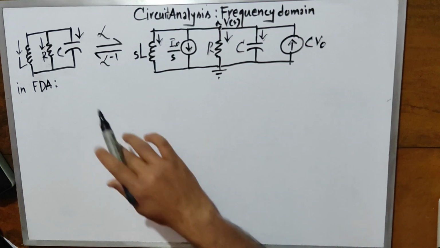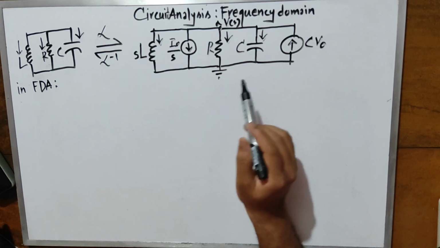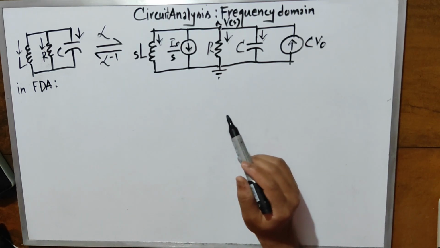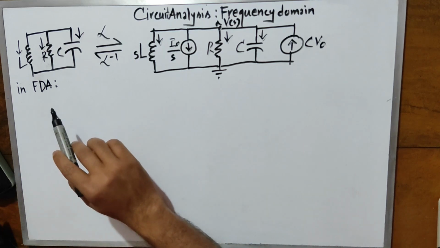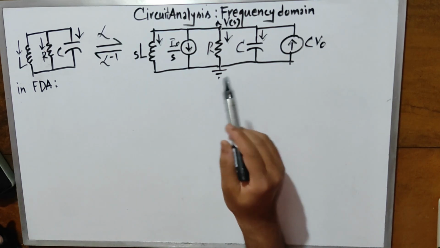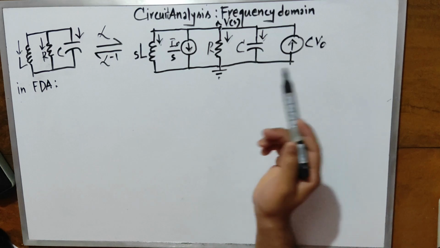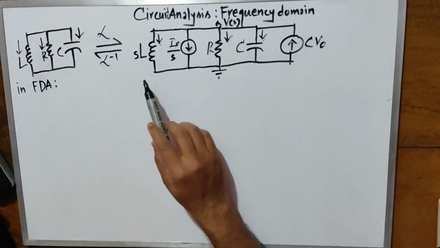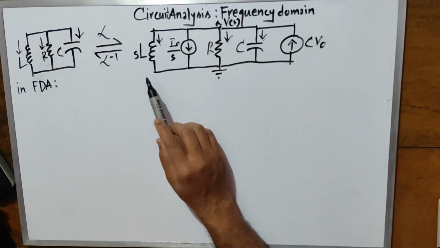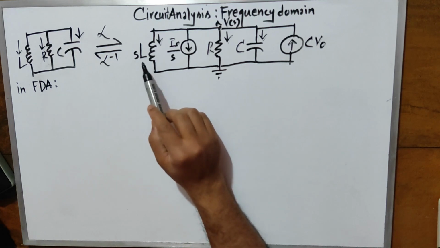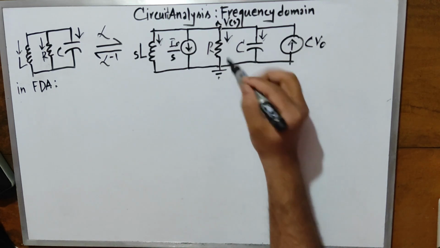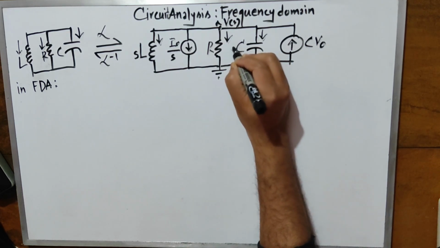So I have transformed this circuit in time domain to a circuit in frequency domain. The transformed inductance is SL, and this is 1 by SC.